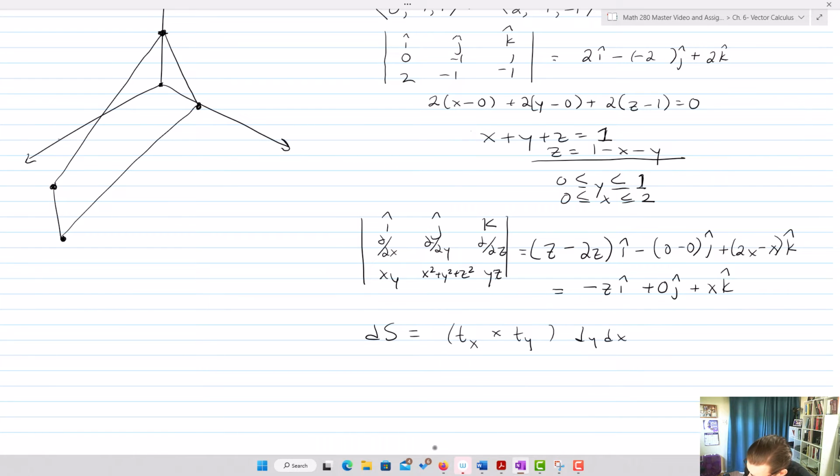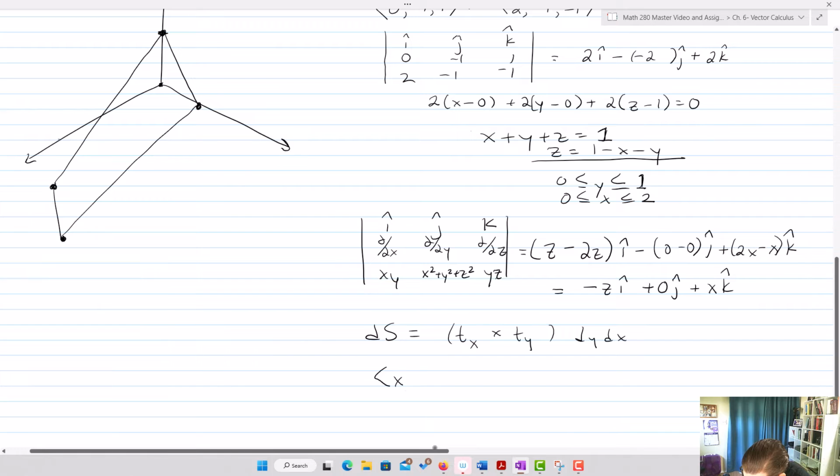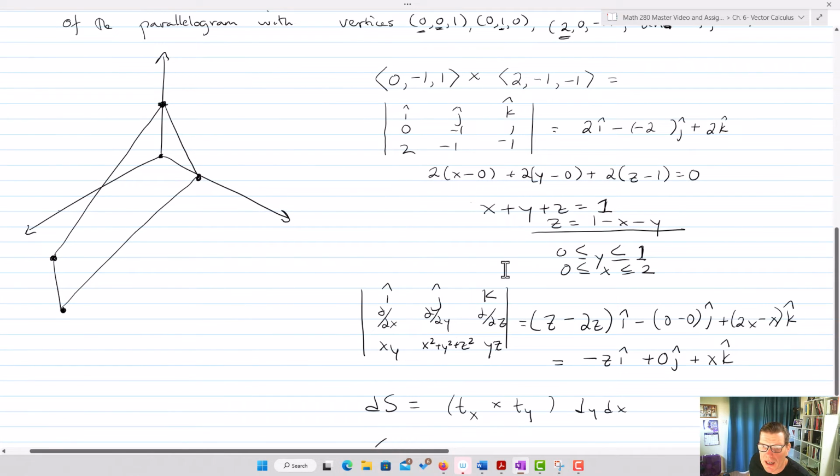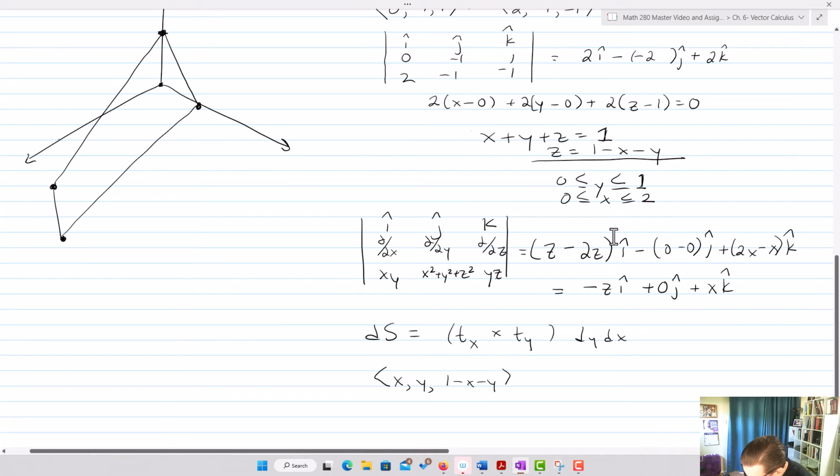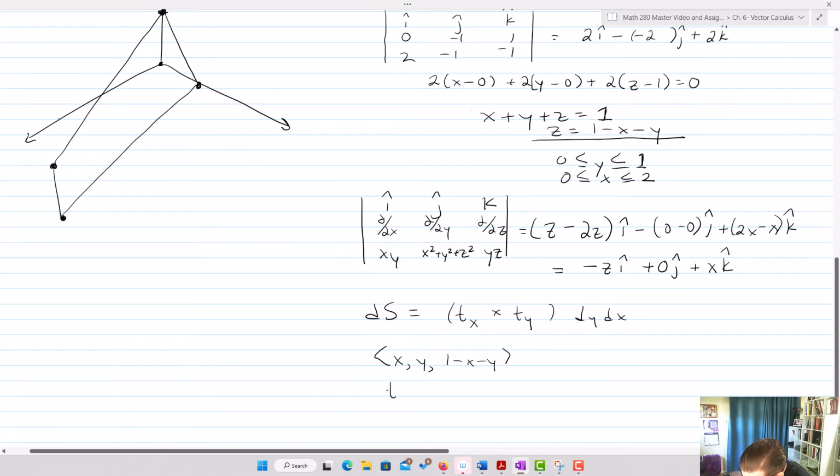Our parametrization, if you remember, is x, y, and then z as 1 minus x minus y. So Tx, and again, sometimes this gets really easy, is 1, 0, negative 1. And Ty is going to equal 0, 1, negative 1.